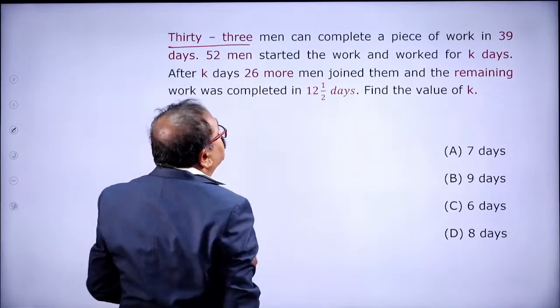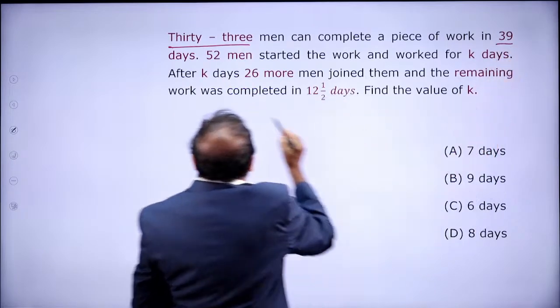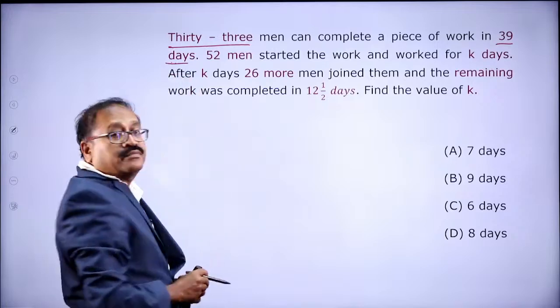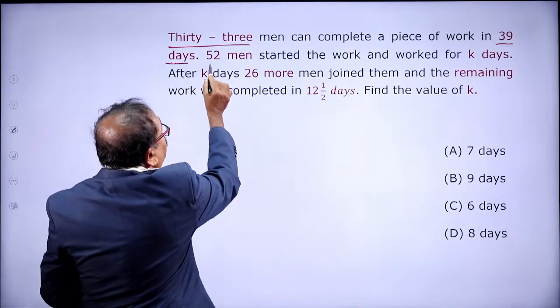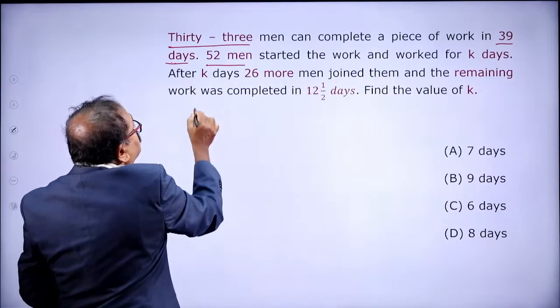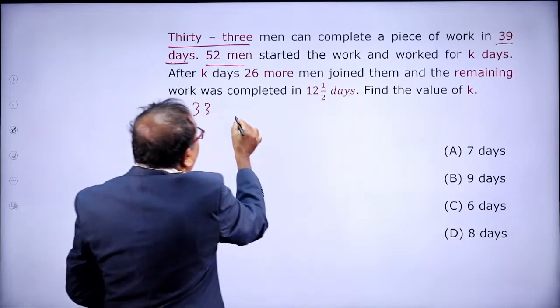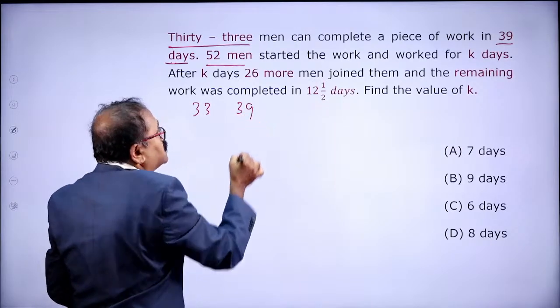33 men can complete a piece of work in 39 days. Next, 52 men started work. Actually, given to us is that 33 men can complete the work in 39 days.